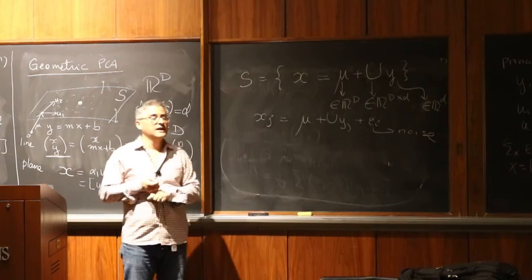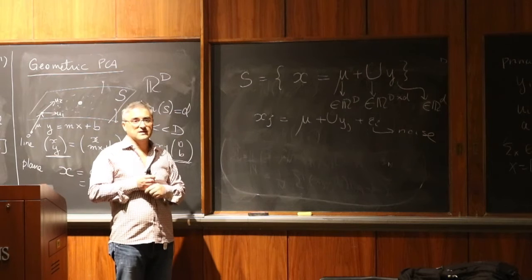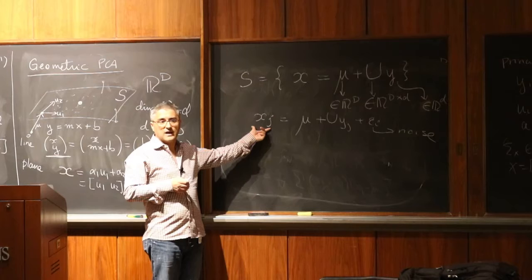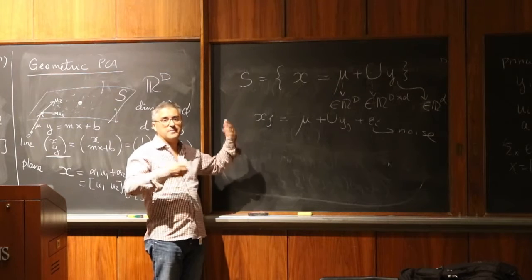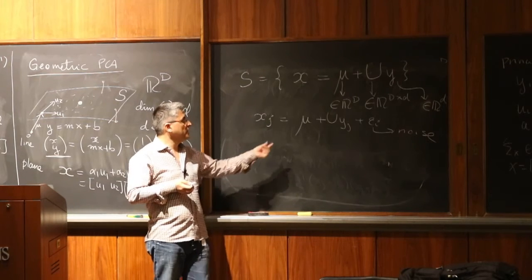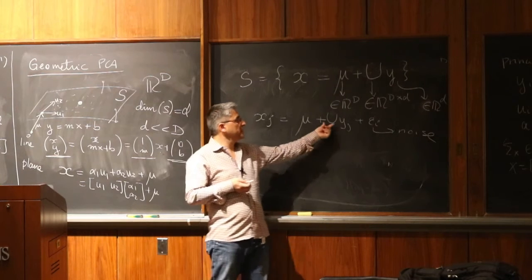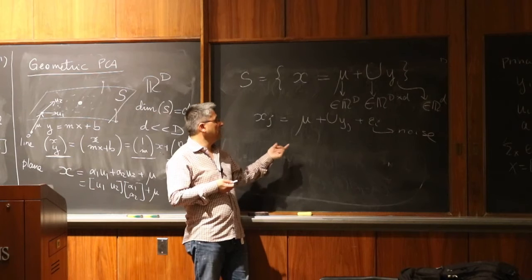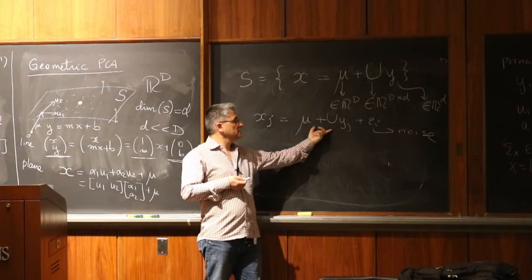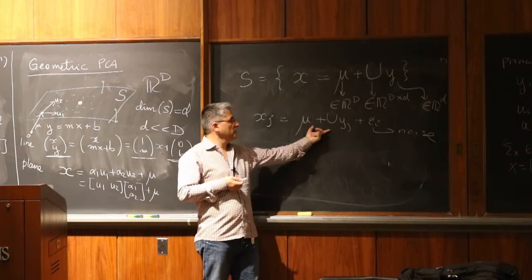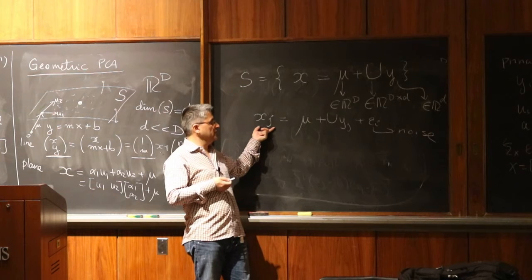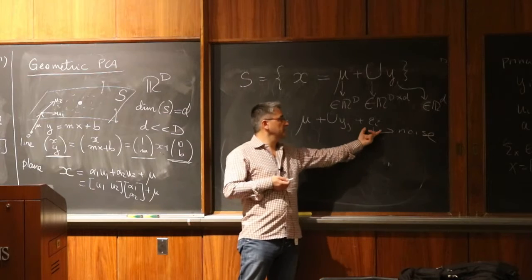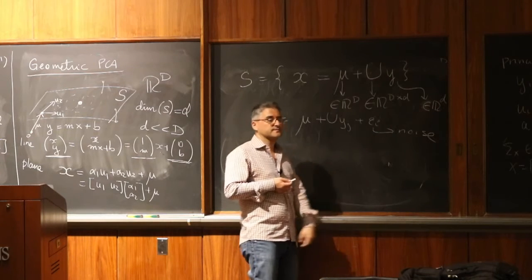That's the goal. So now I think I can state the problem in the way I want it, which is, given the data x_j, I want to find the subspace that best fits the data. So I want to find the mu and the U that best fit the data. Well, this is the point in the subspace that I don't know, and this is the noisy point that I do know. So minimizing the error between these two is equivalent to minimizing that amount of noise.